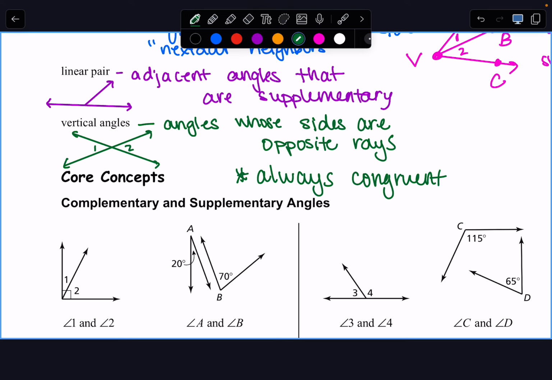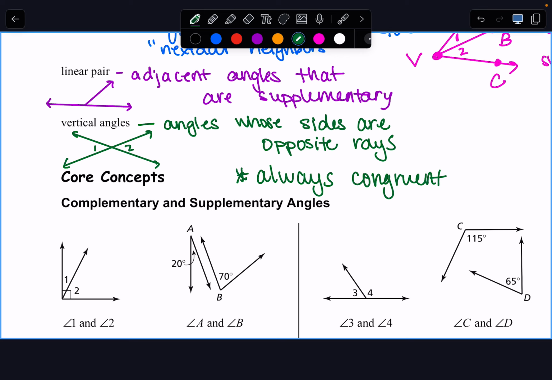I like to look for the big X. Okay? We have two sets of opposite rays that are creating those vertical angles. So angles 1 and 2, those are vertical. They have the same measure.